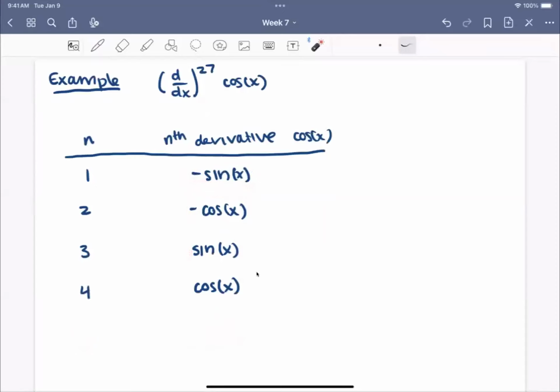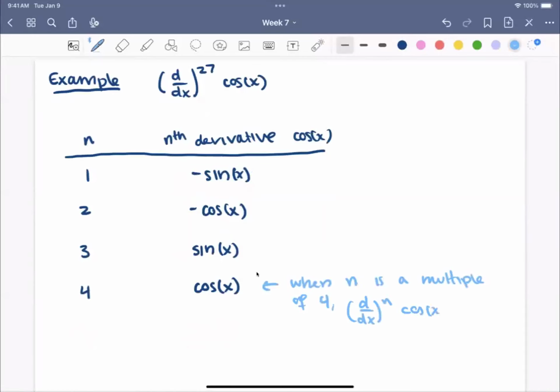So what we get is that when n is a multiple of 4, the nth derivative of cosine x is still just equal to cosine x.